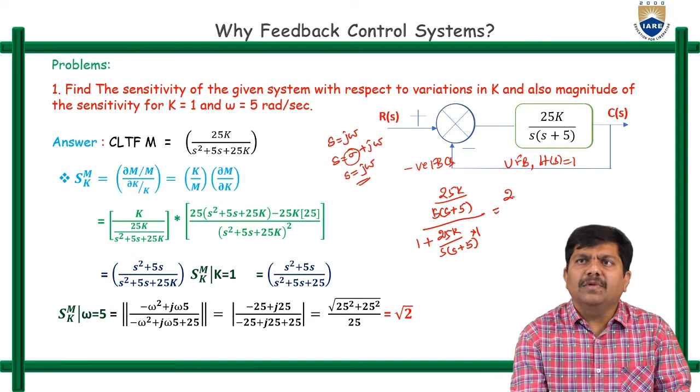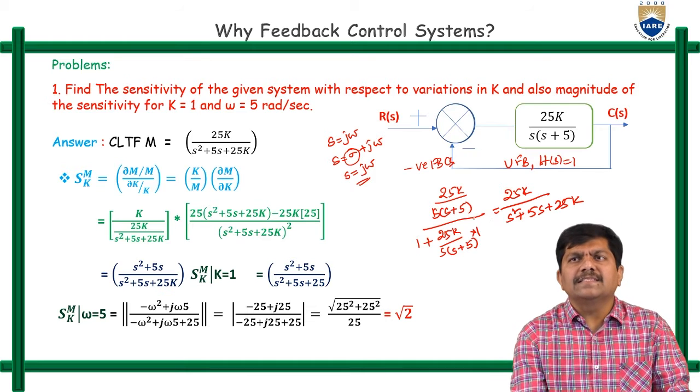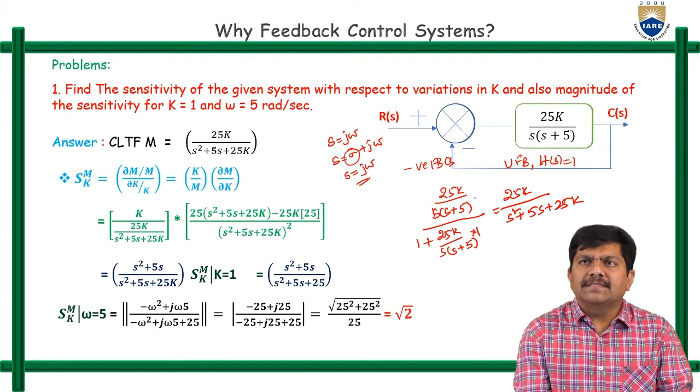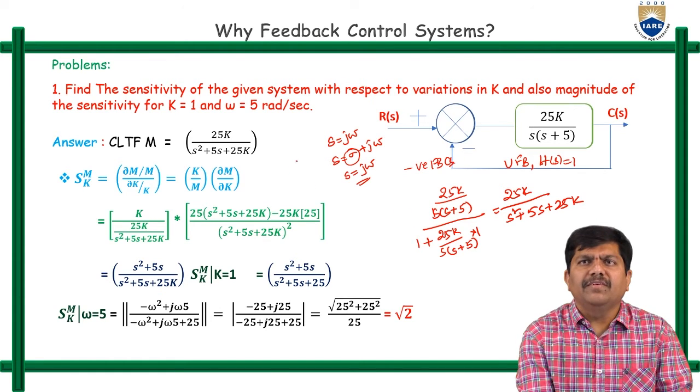So this value is 25k divided by S square plus 5s plus 25k. If you take the LCM, you can cancel the common terms from the numerator and the denominator. So finally the closed loop transfer function becomes 25k divided by S square plus 5s plus 25k.